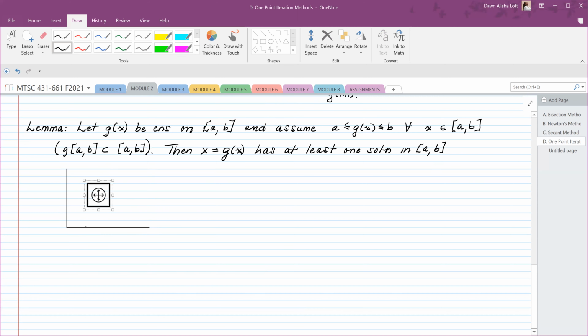This is the interval [a, b]. And when I take g of any x inside of there, it goes back into the interval [a, b]. So g of that x is somewhere inside [a, b]. I don't know where it is, but I know it's back inside. Okay, so I'm going to prove this.